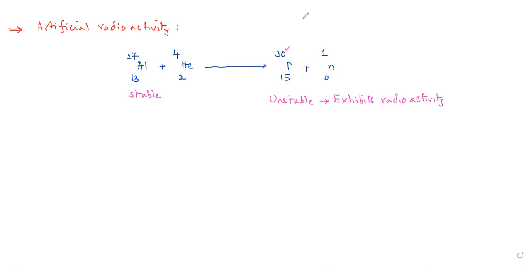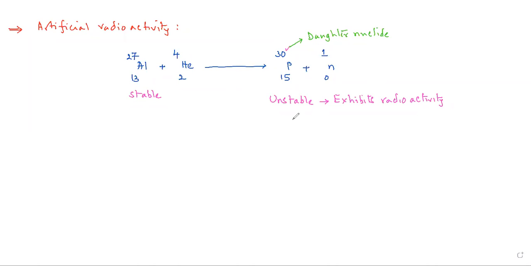This, of course, is the daughter nuclide because it is exhibiting radioactivity. We started with something stable and ended up with an unstable atomic nucleus.